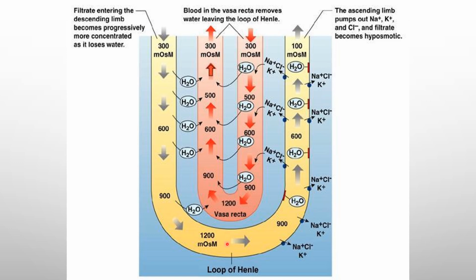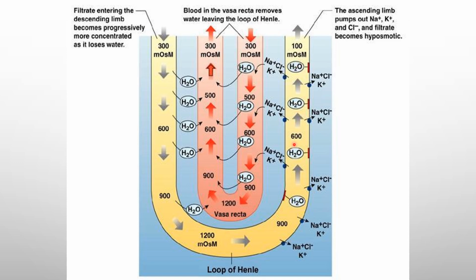As the fluid reaches the loop of Henle, it has the highest osmolarity of 1200 milliosmol. As the solution moves towards the ascending limb, more solutes move out of it through the sodium potassium chloride cotransport, and as the solution leaves the ascending limb it will have an osmolality of only 1000 milliosmol.